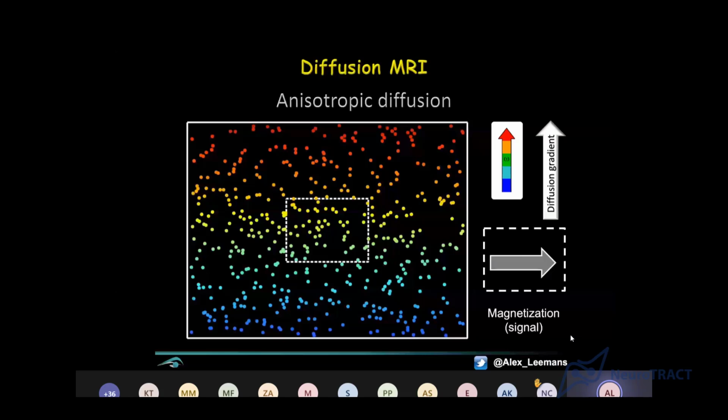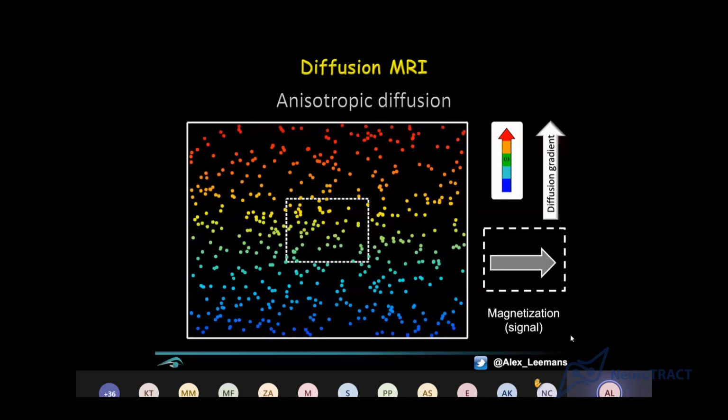If I now show anisotropic diffusion, but I'll keep the diffusion gradient again vertically, if I start the animation, the diffusion itself will be horizontal. So what will happen is the molecules will be spreading around, but now anisotropically, where the horizontal orientation will be the main preferred orientation of spread of these particles.